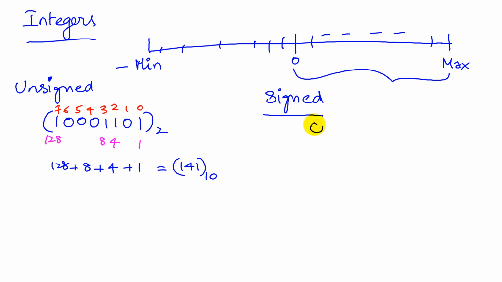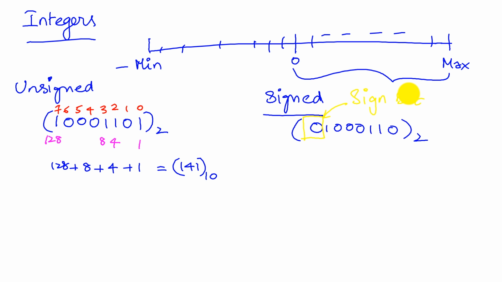So the number 0, 1, 0, 0, 0, 1, 1, 0. Let's say this were a signed number in base 2. What we do when we're representing signed numbers is we assign a special meaning to the most significant bit. We call this the sign bit.